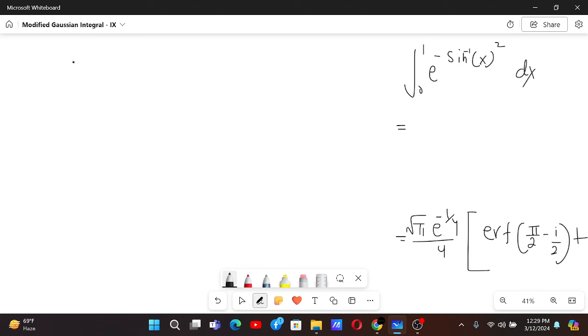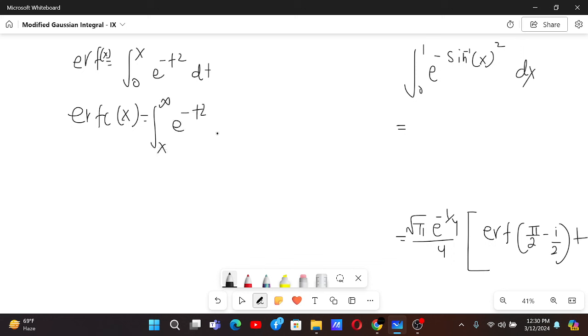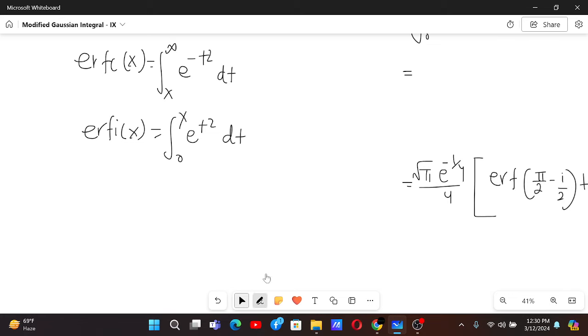So basically, just like the erf function is from 0 to x of e to the power minus t square dt, similarly, erfc function of x is from x to infinity of e to the power minus t square dt, and the erfi function is from 0 to x of e to the power t square dt. There's no minus sign. Using these definitions, you can derive that.